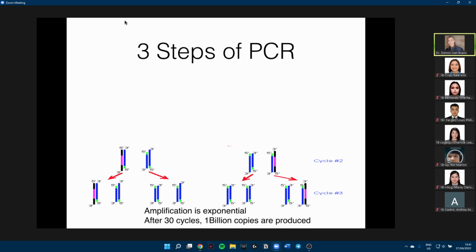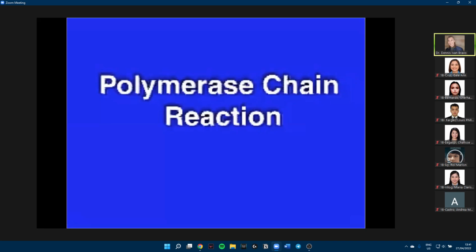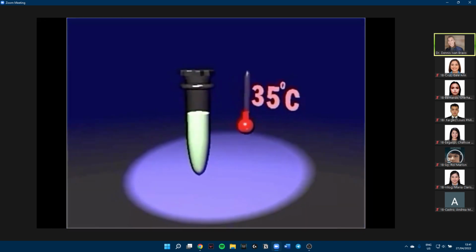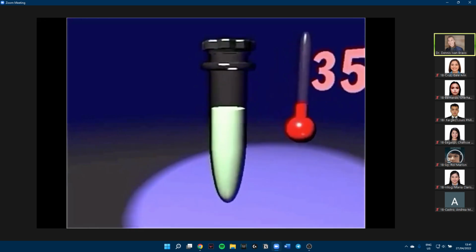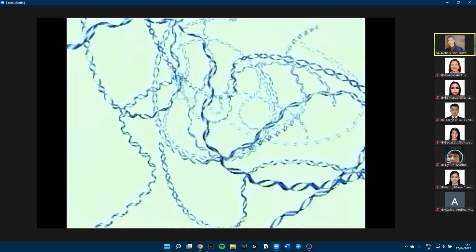Okay. So this is a simple video animation that illustrates PCR. So this is an in vitro process. On the test tube, it contains the materials needed for PCR.